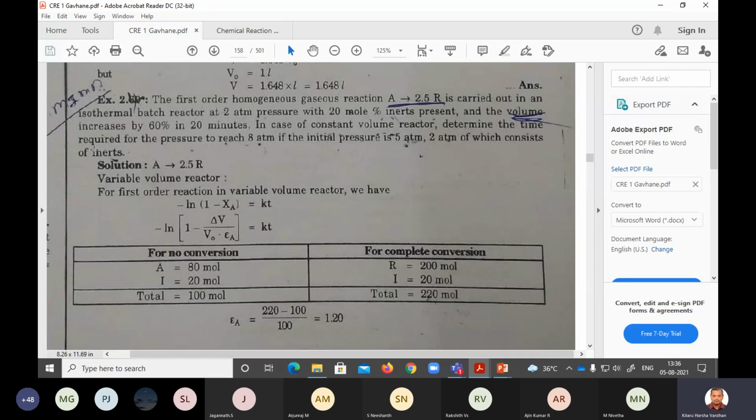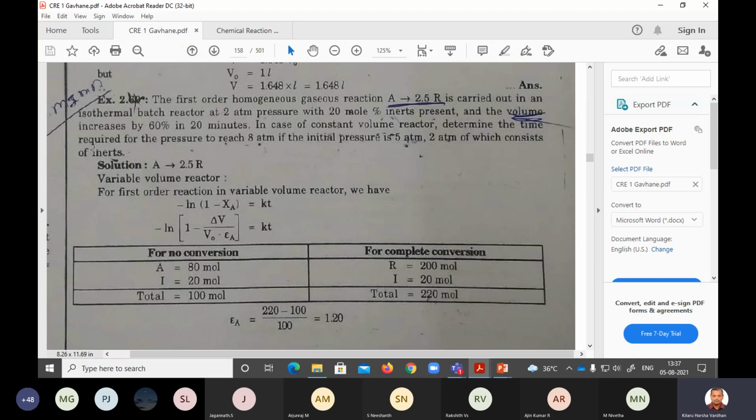Now, from that particular data, you need to get the K, that is the rate constant. Rate constant is constant at a particular temperature. The second part is asking, if this reaction is going to be used in a constant volume batch reactor, that means pressure will change. Am I right?